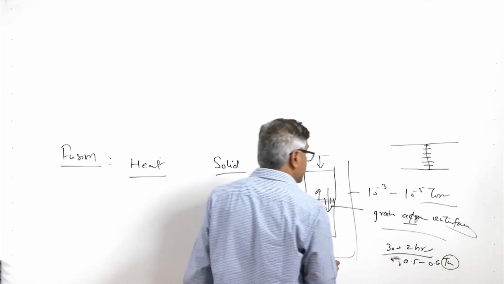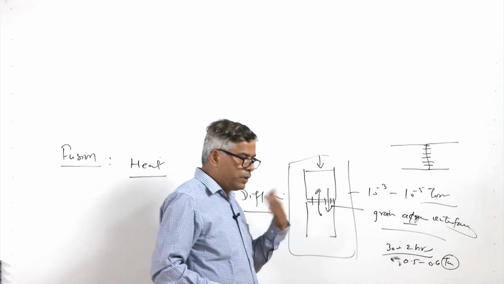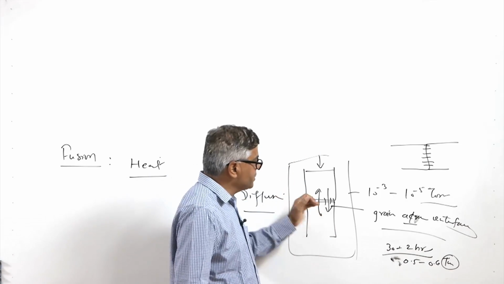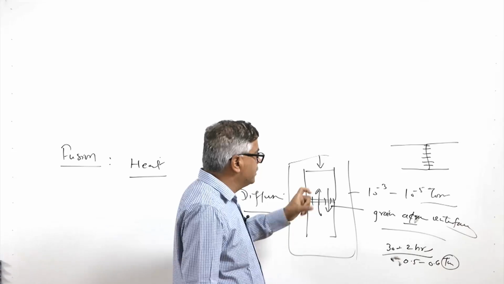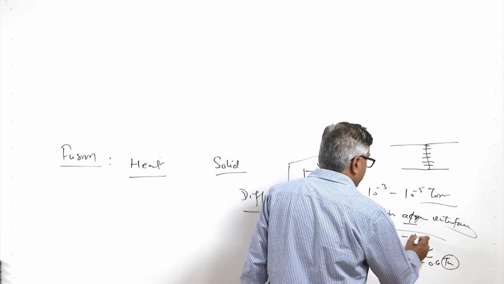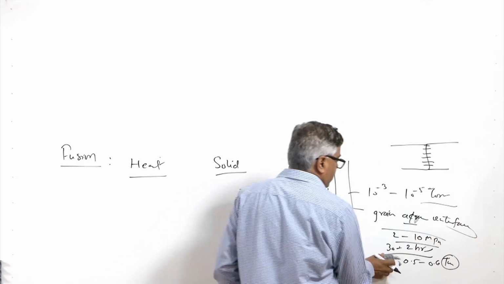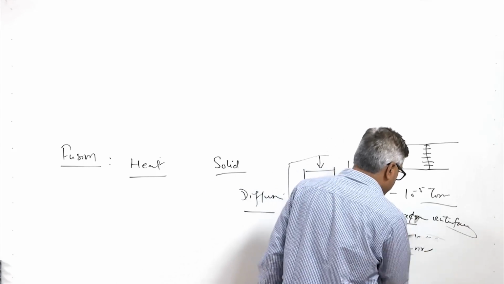Another important thing here is pressure. Pressure normally plays a big role. Pressure should not be too high, otherwise macro level deformation at high temperature can occur. So, 2 to 10 MPa pressure is normally used in order to have the diffusion bonds.